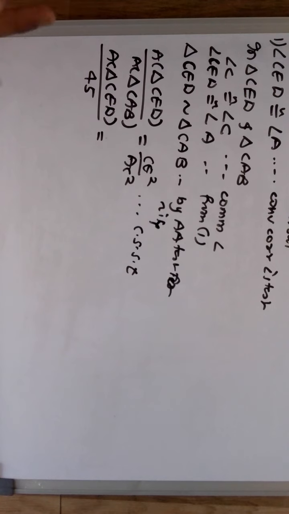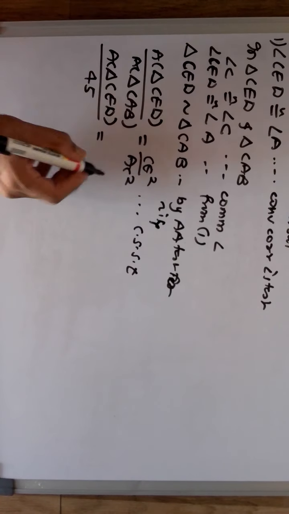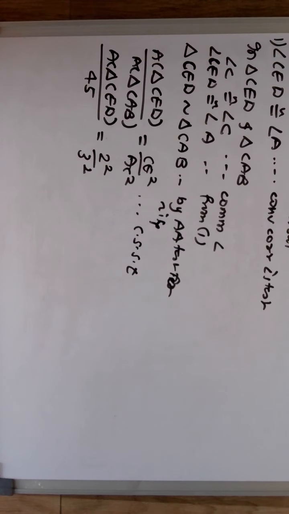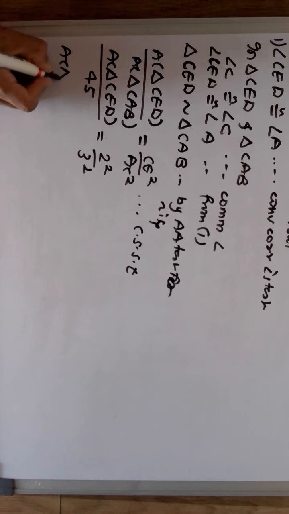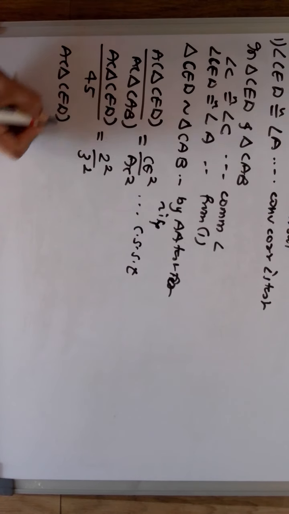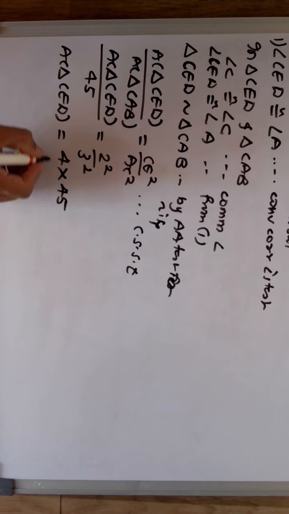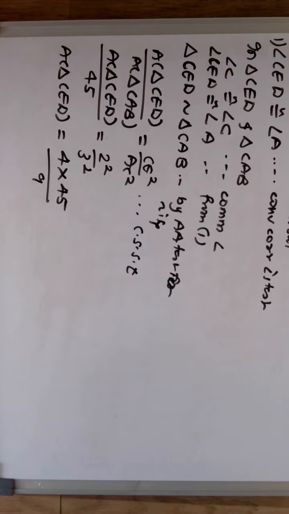And here you wrote CE is to AC, so it will become ulta, that is 2 square is to 3 square. Right? Got it? So what you get here by cross multiplication, that is area of triangle CED is equal to 2 square, 4 into 45 is to 9.